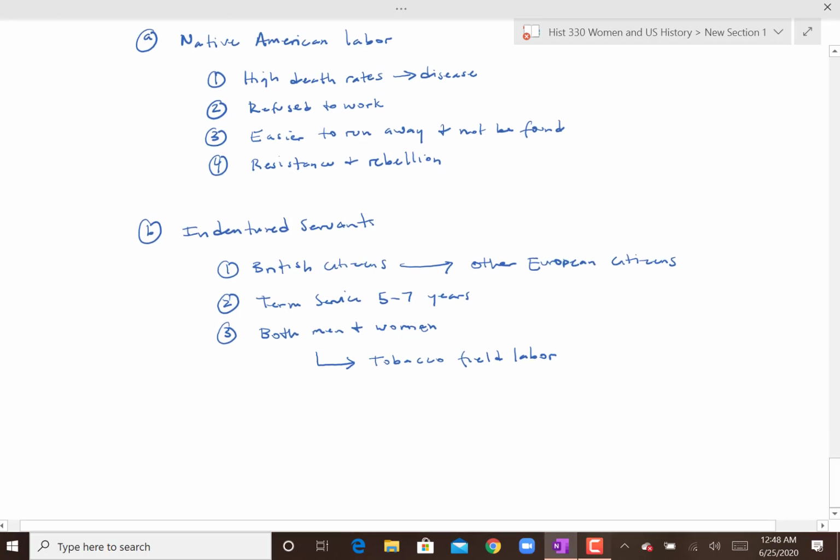This also becomes problematic because of Bacon's Rebellion. Bacon's Rebellion was a pushback against, well, not really much indentured servant structure, because they did get benefits. Besides the term service, the headright system gave them land.